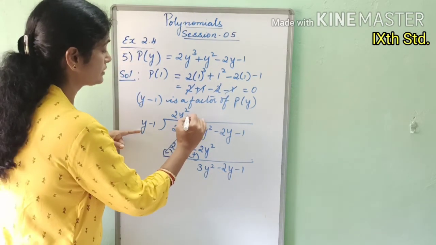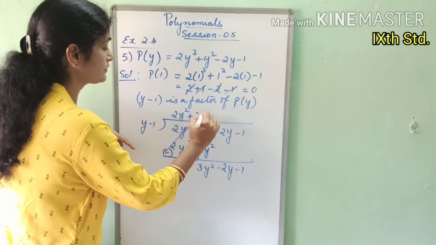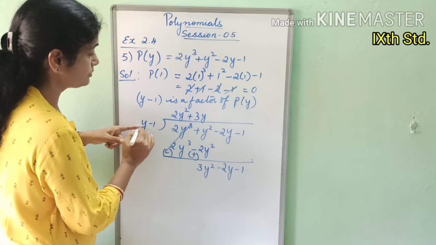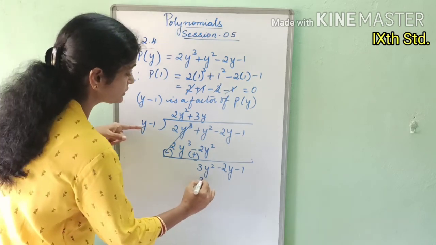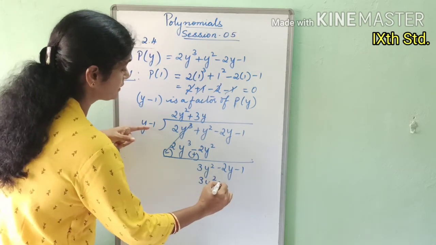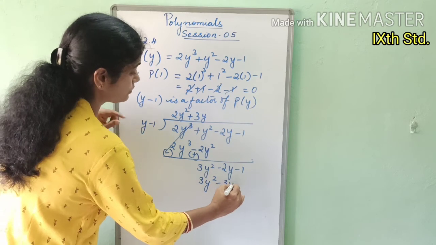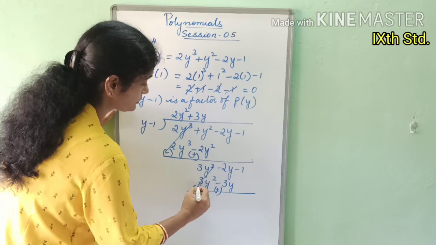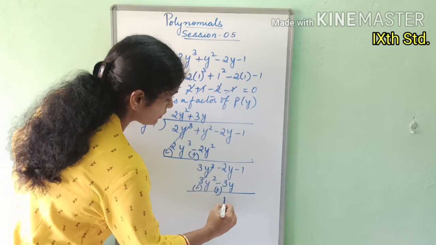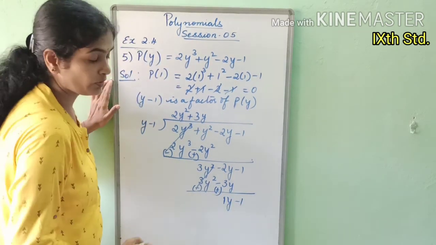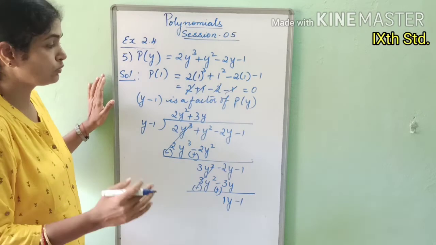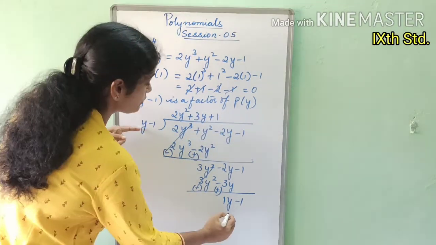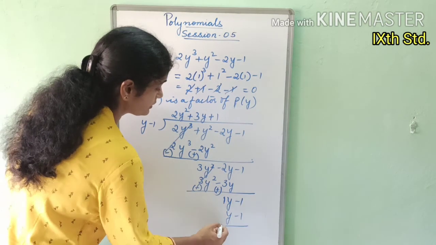Then next term will be plus 3y. 3y into y gives you 3y square, then minus 3y. Then subtraction. It is 1y minus 1y, or even you can say y. So here plus 1. So 1 into y is y minus 1.